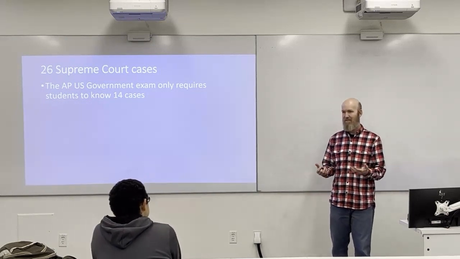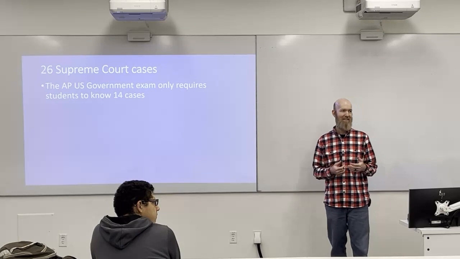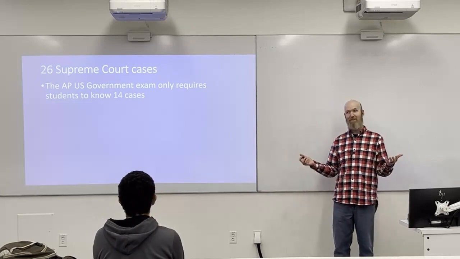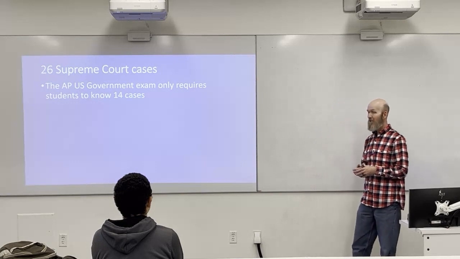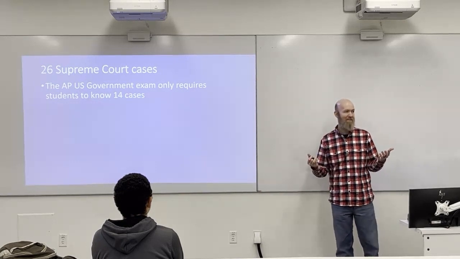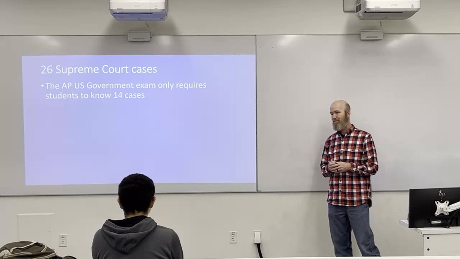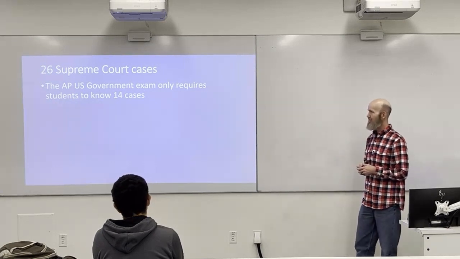So you can use process of elimination if you know the other 3 cases and say, well, it's not any of these 3, so it must be this 1 remaining case. They shouldn't do that on the test, but you know, state tests sometimes do weird things. But use process of elimination.